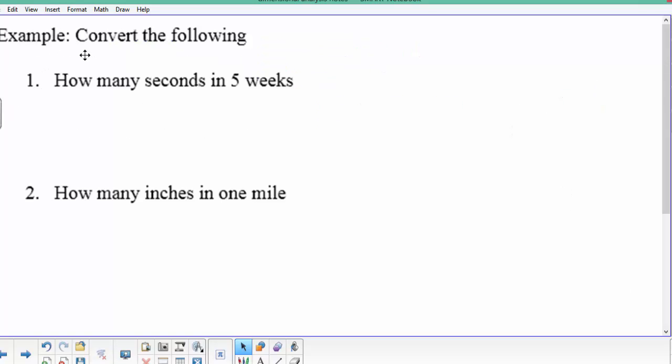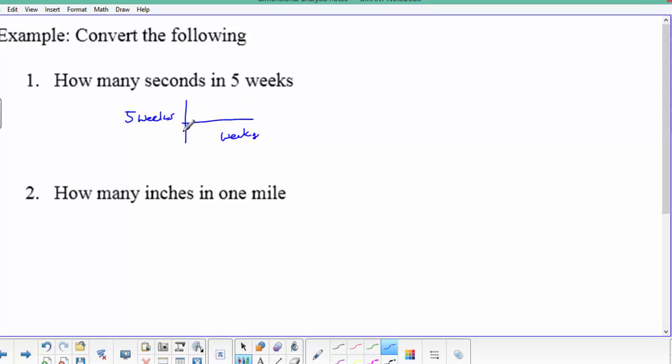So example, converting the following. How many seconds are in 5 weeks? Well, we're going to start with 5 weeks. It helps me to write it this way, makes it a little easier. Since we have weeks on top, we're going to have to cancel with weeks on bottom.